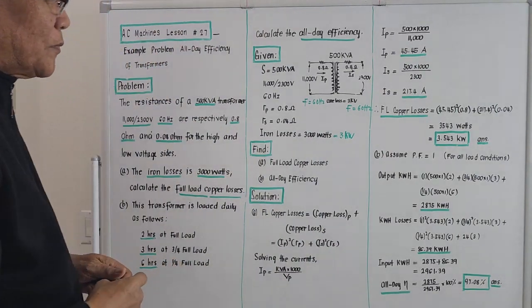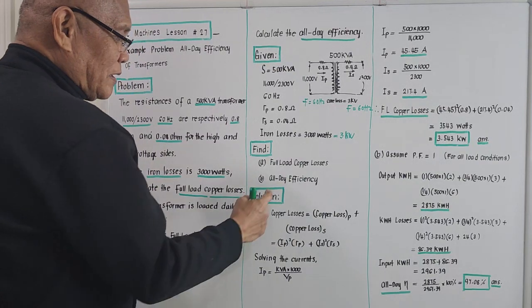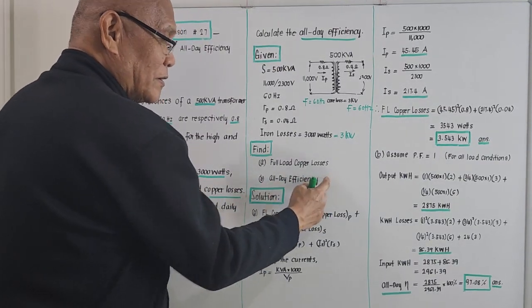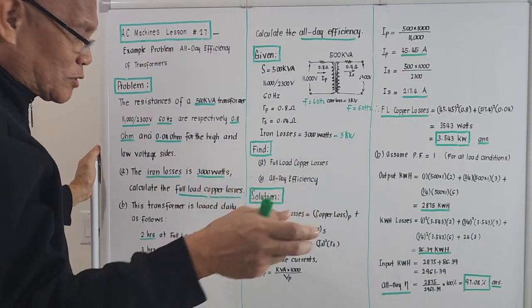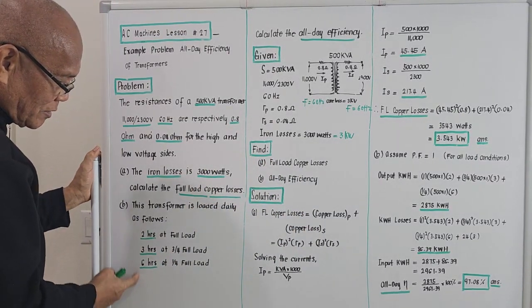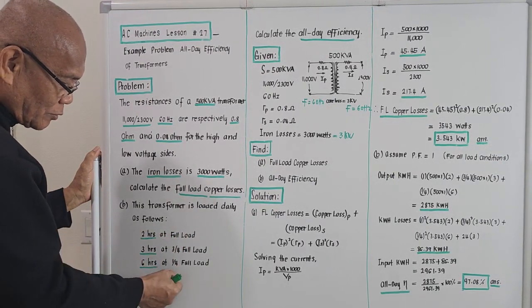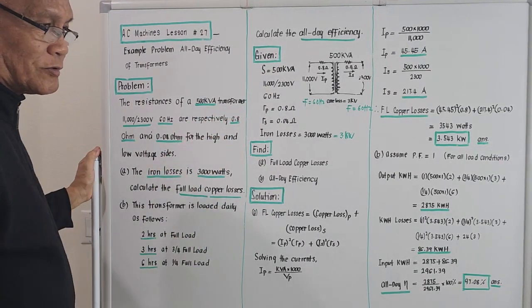And the problem is asking what will be the full load copper losses and the all-day efficiency with the different types of loading: 2 hours at full load, 3 hours at 3/4 full load, and 6 hours at 1/4 full load. Okay, let's try to bring out the solution.